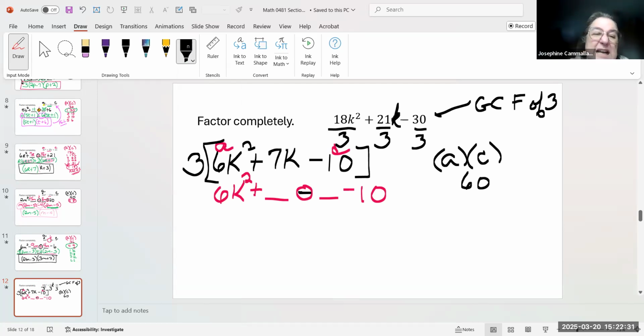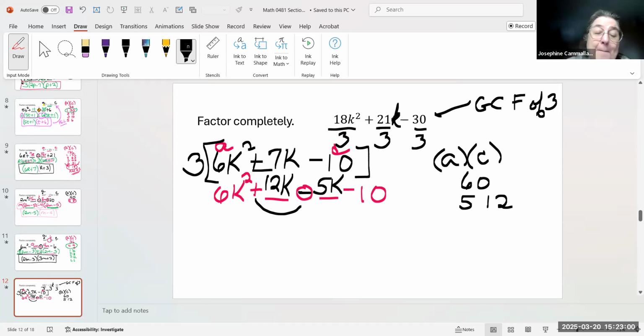Okay, these two signs are different. I want to subtract to get a positive 7. Well, hopefully you recognize that 5 times 12, which are factors of 60, can subtract to get 7. Now remember, the 12 must go here.